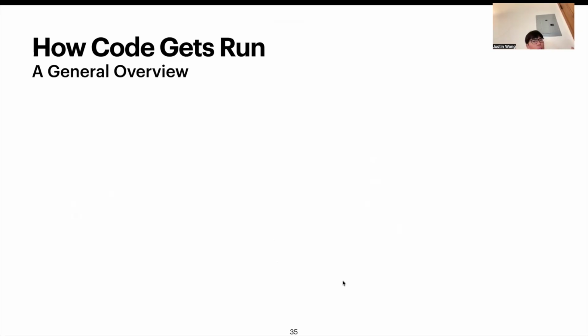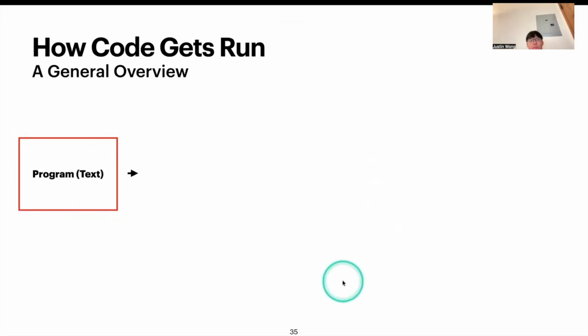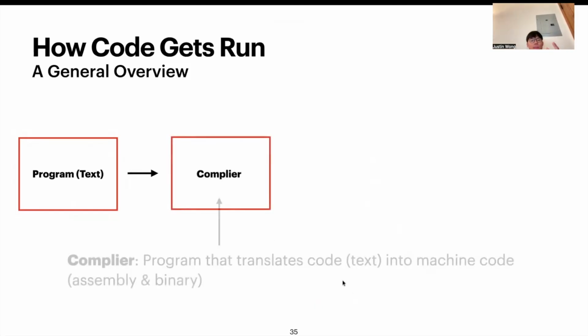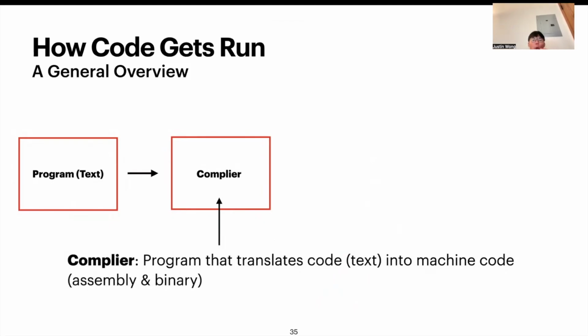So let's take a look at how code gets run on a computer. This is a general overview of how it works, but your program or code is simply text, a sequence of characters and strings. To a computer, it's like, I have no idea what this is, so you need to convert this text-based program into a language that a computer understands, which is assembly. The next step is to put your code into a compiler.